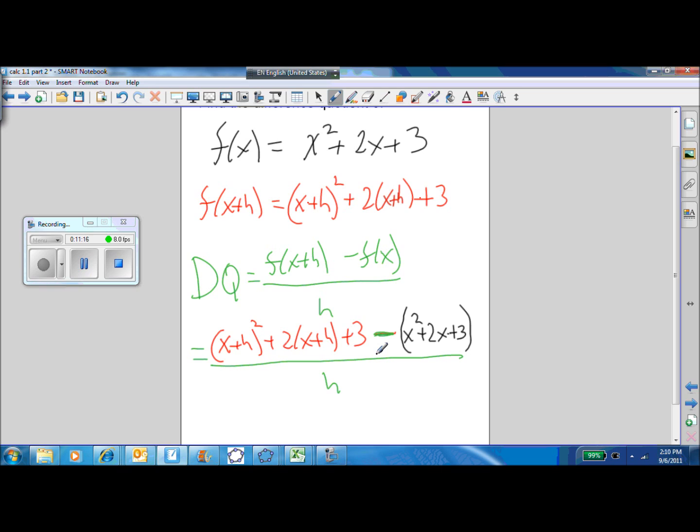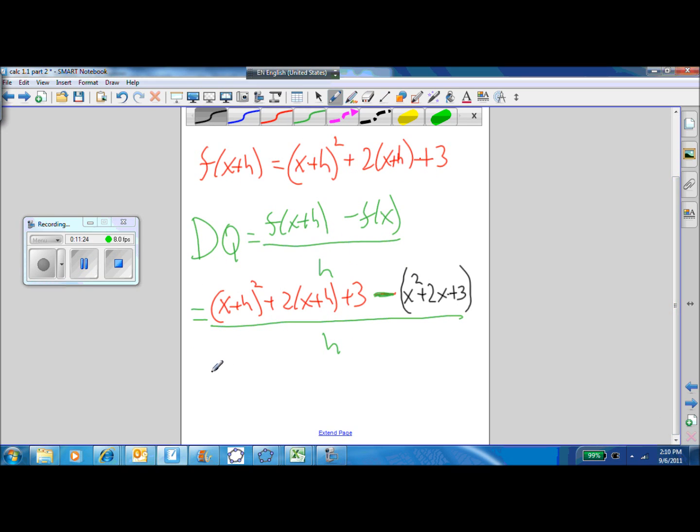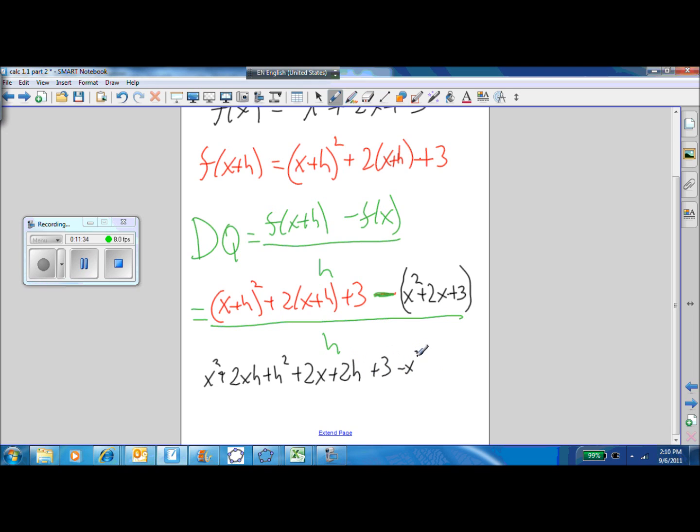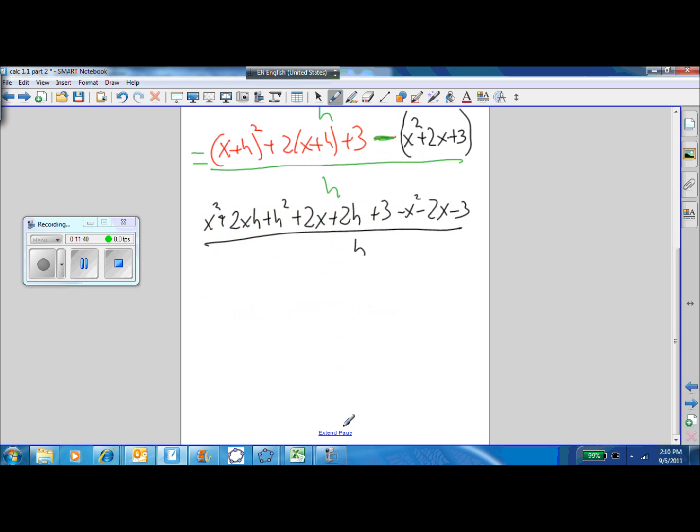Now it's just a matter of crunching that down. Here it goes. We get x squared plus 2xh plus h squared plus 2x plus 2h plus 3 minus x squared minus 2x minus 3 all over h. And you see a lot of this cancels.